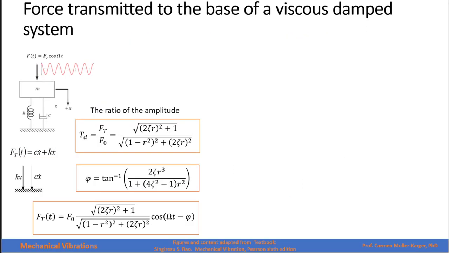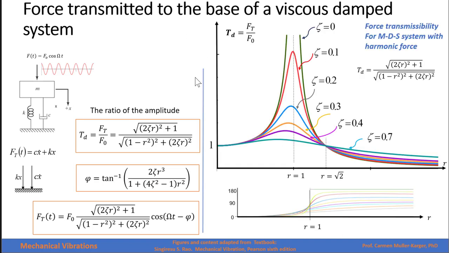The same way that we graph the amplification factor, we can graph the transmissibility factor. And this will be this graph right here. We can pull out some characteristics of this graph. For example, r equals 0 means no frequency. It means a constant force.